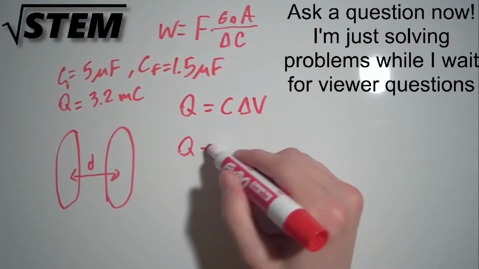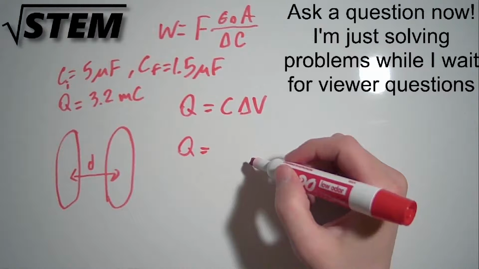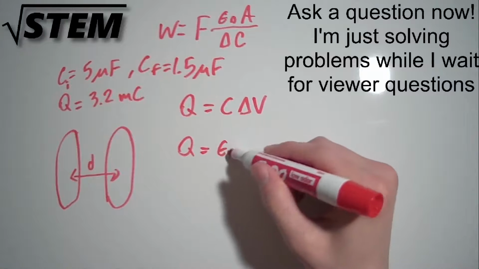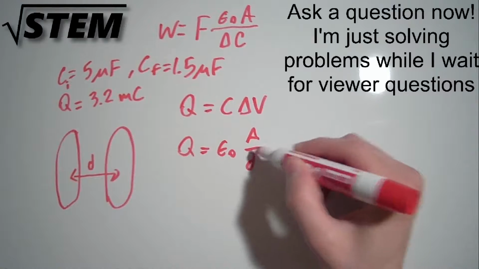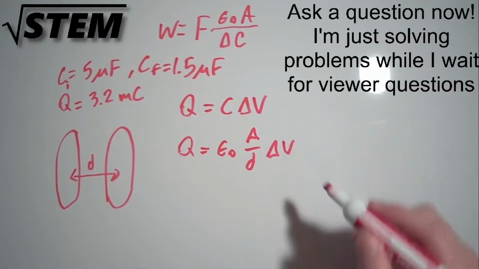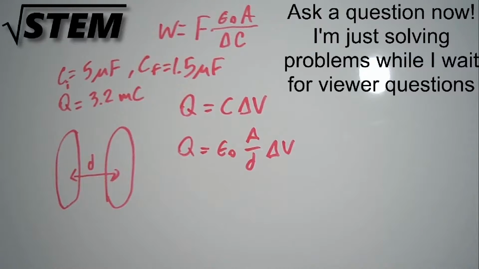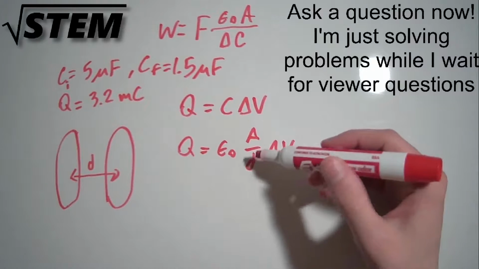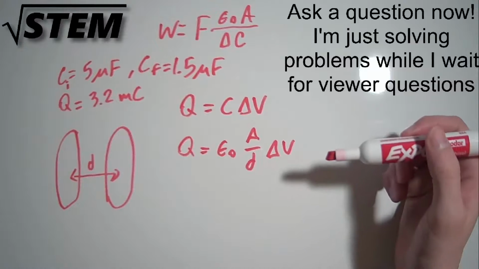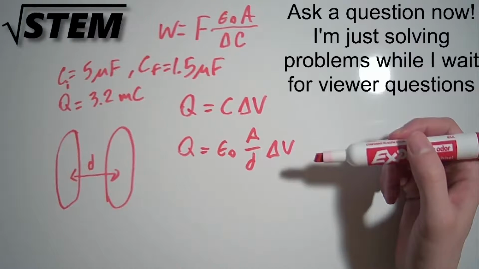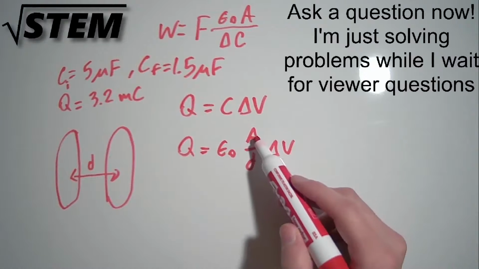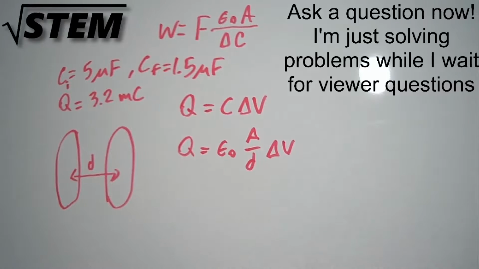So if the distance is increasing, but the charge and the area are staying the same, we would have to expect the voltage to decrease.